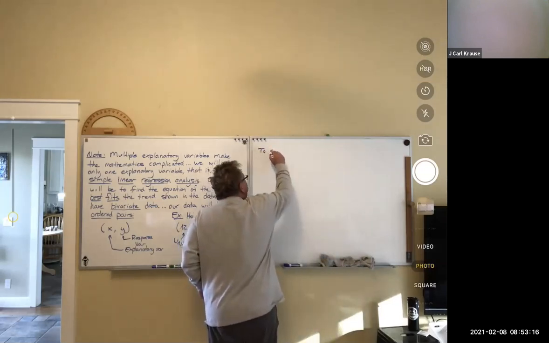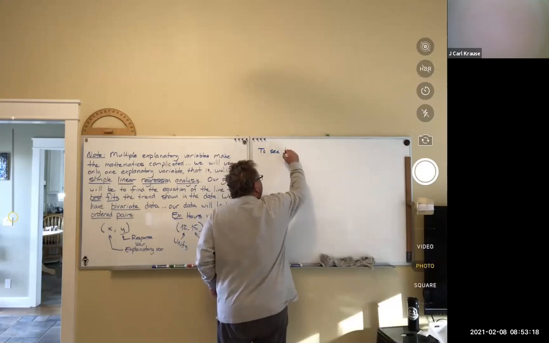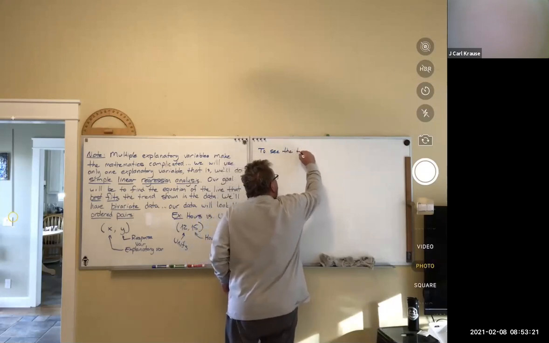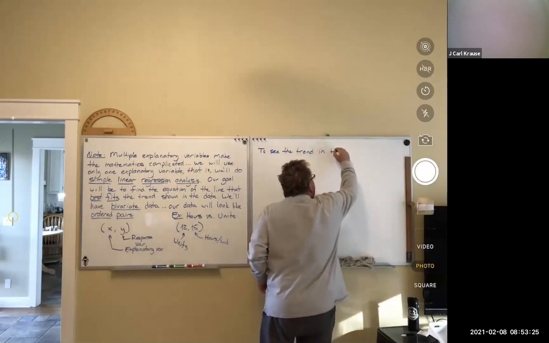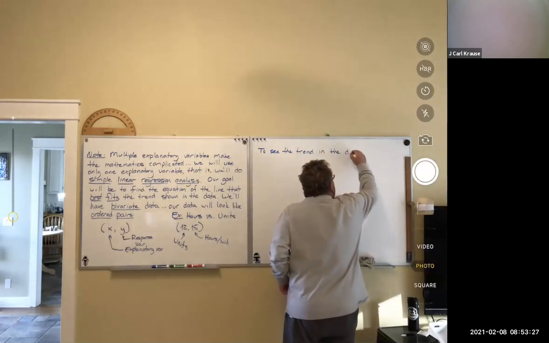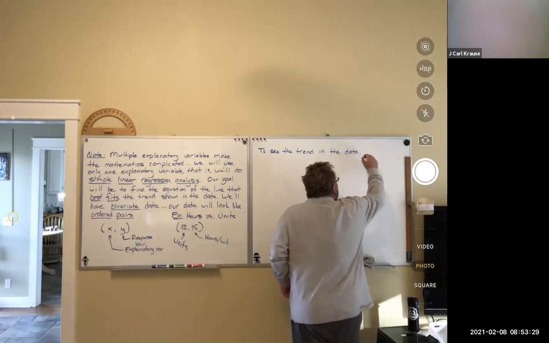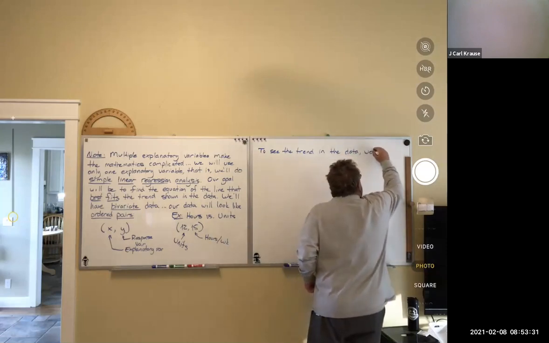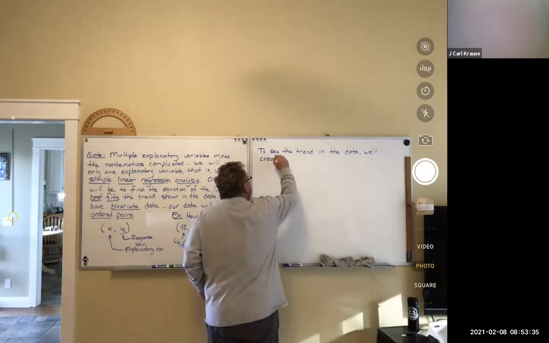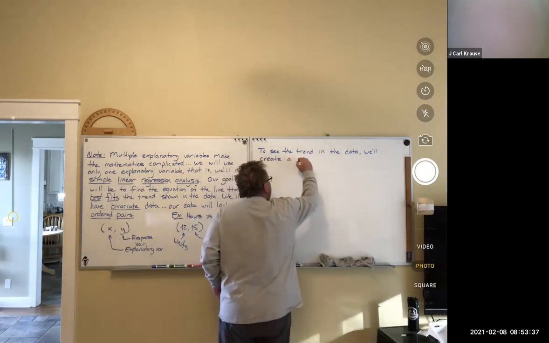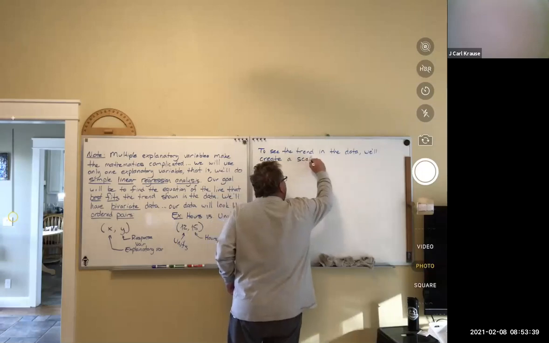So to quote unquote see the trend in the data, we'll typically create what's called a scatter plot.